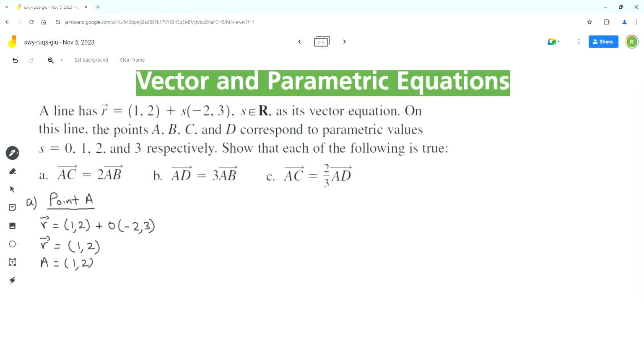Now we can find point B. For point B, we should sub in s as 1 in the given vector equation.